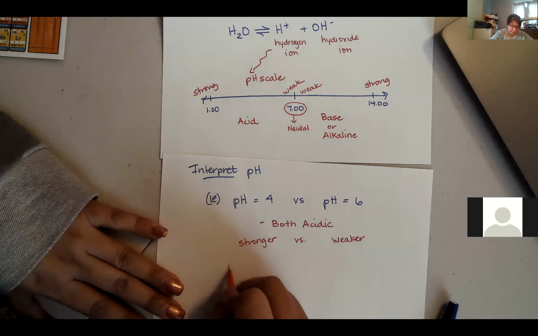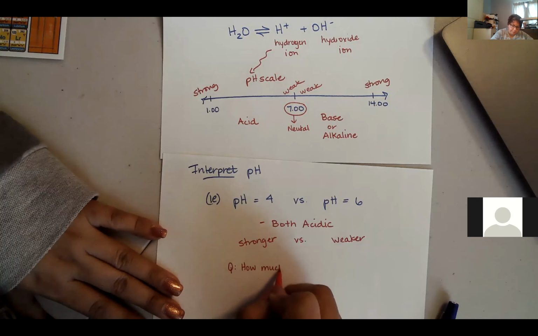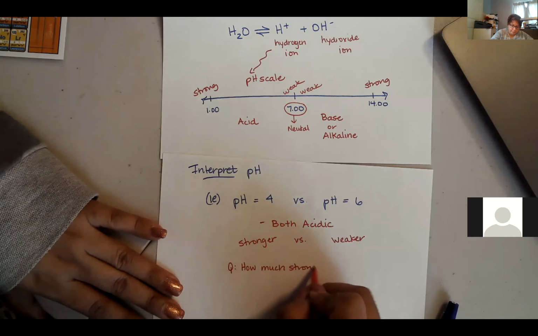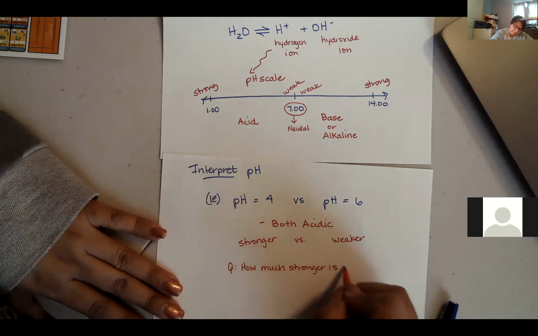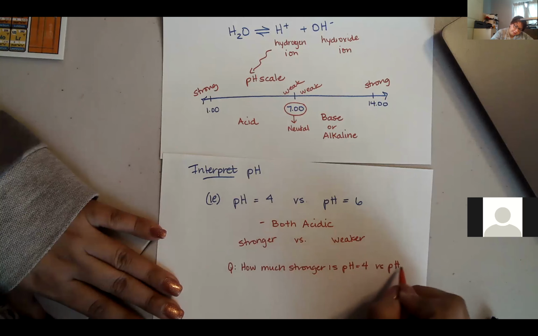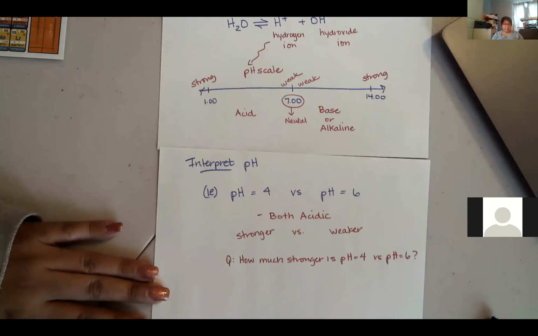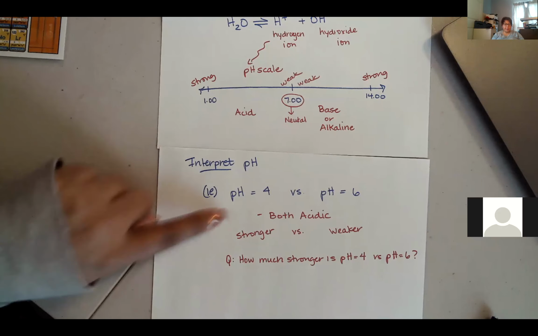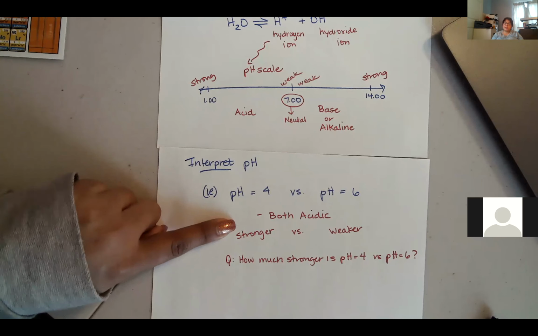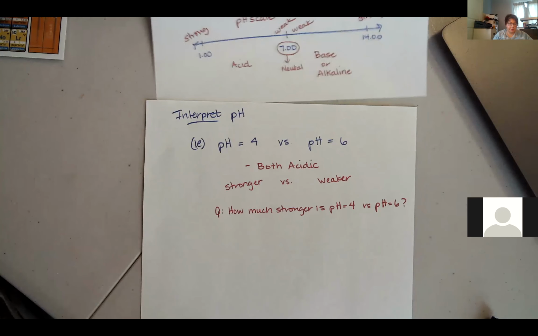So here's my question. How much stronger is a pH of 4 versus a pH of 6? And this is what I mean by interpreting: knowing that they're both acids, knowing that one is stronger than the other, and lastly, how much stronger?